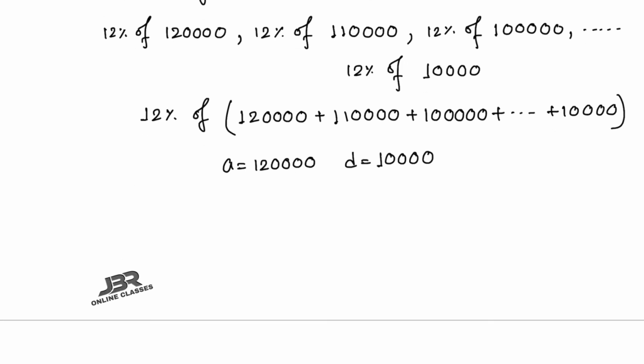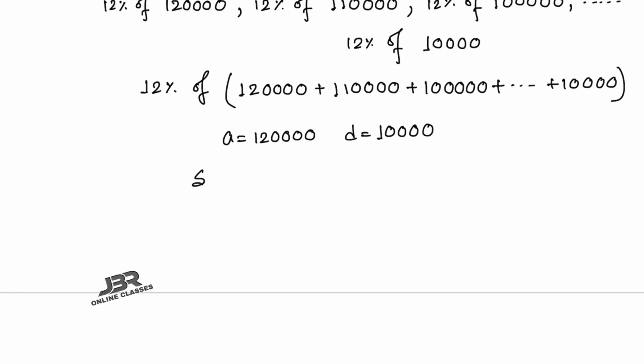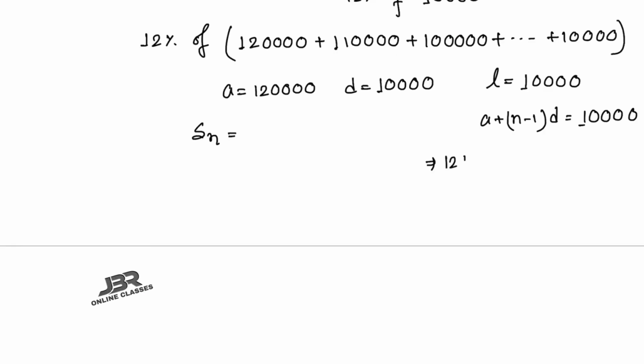Okay, so now you have to find out the total. So Sn, and first you have to find out the N here. So L equal to here 10,000, the last amount. So A plus (N minus 1) into D, that one equal to here 10,000. Okay, write down A equal to 1,20,000. Then here D is minus, okay, because decreasing. So in this way D equal to minus 10,000.